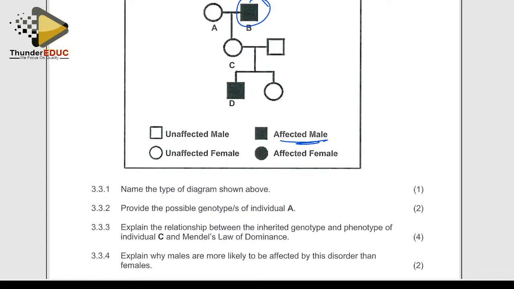Name the type of diagram indicated: pedigree diagram.